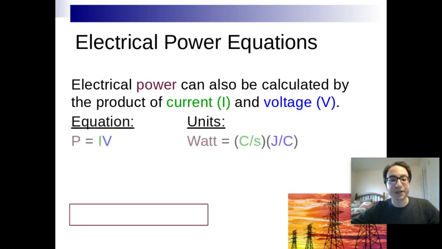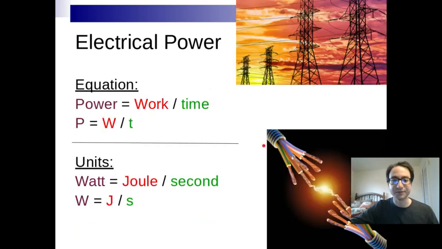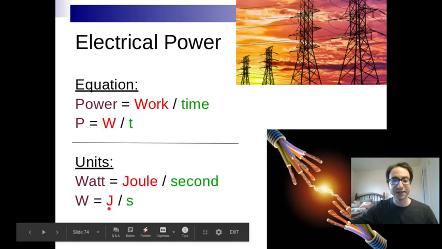So our power equation for electrical power can be current I multiplied by voltage V. That means a watt is also a coulomb per second multiplied by a joule per coulomb. These are the individual units for current and voltage. If you look at this for a moment, the C for coulomb is divided out over here, and so the watt winds up being a joule per second. That's exactly what it is if you look back to our first equation. A watt is a joule per second.